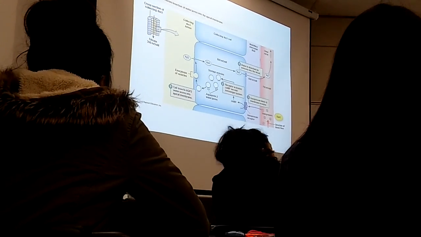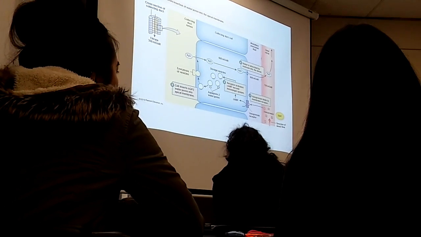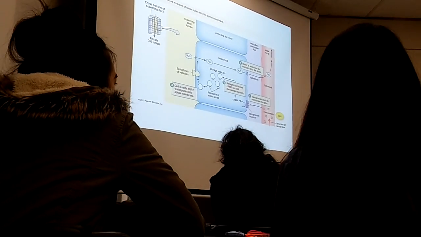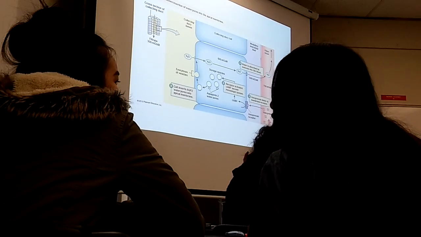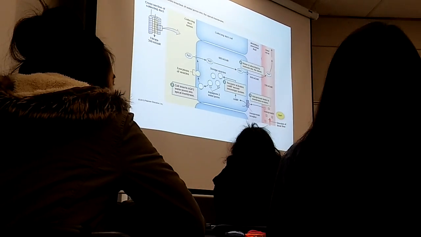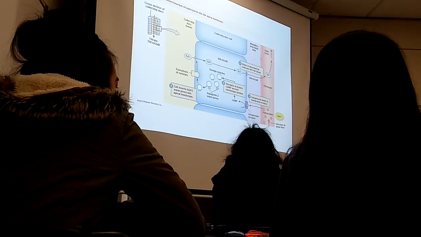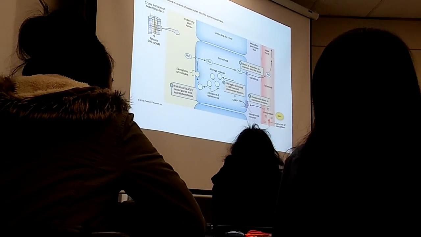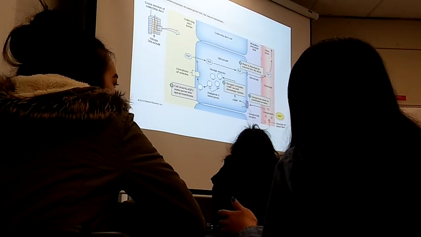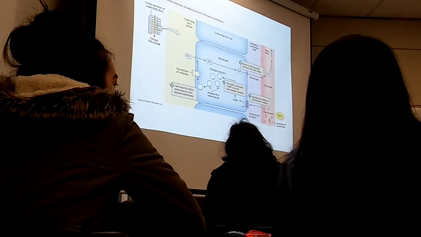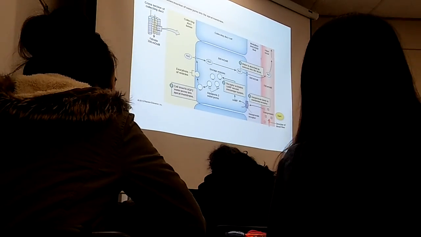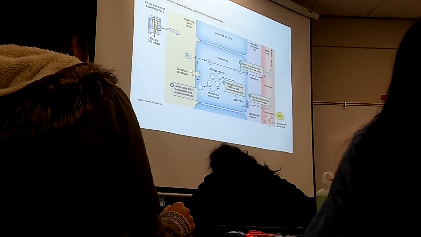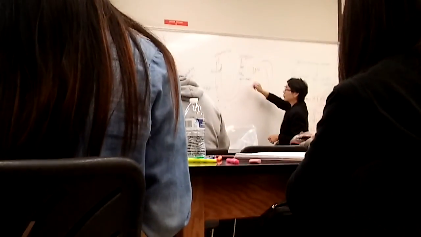Okay, so let's draw the collecting duct right here. So your loop of Henle is right here, and then let's draw your collecting duct right here, right next to your loop of Henle, and there's your vasa recta.